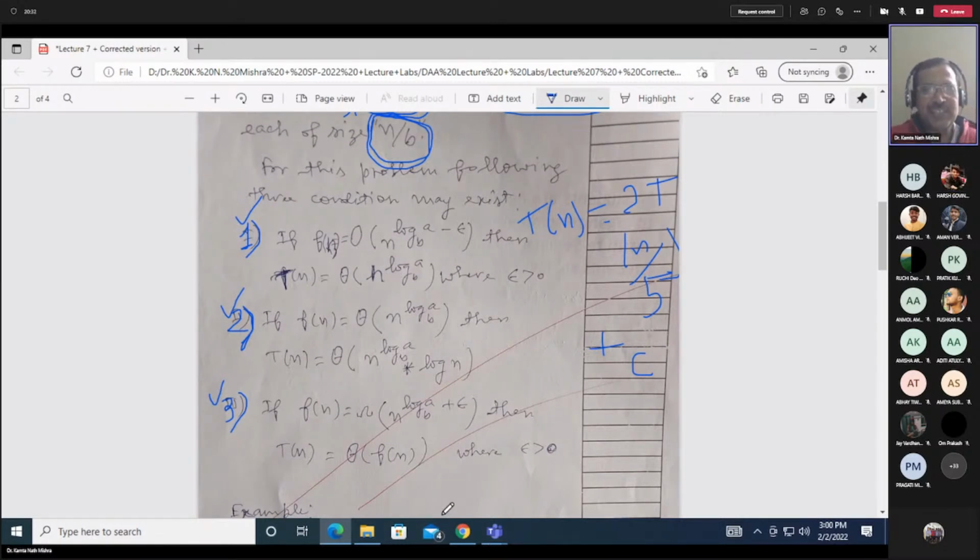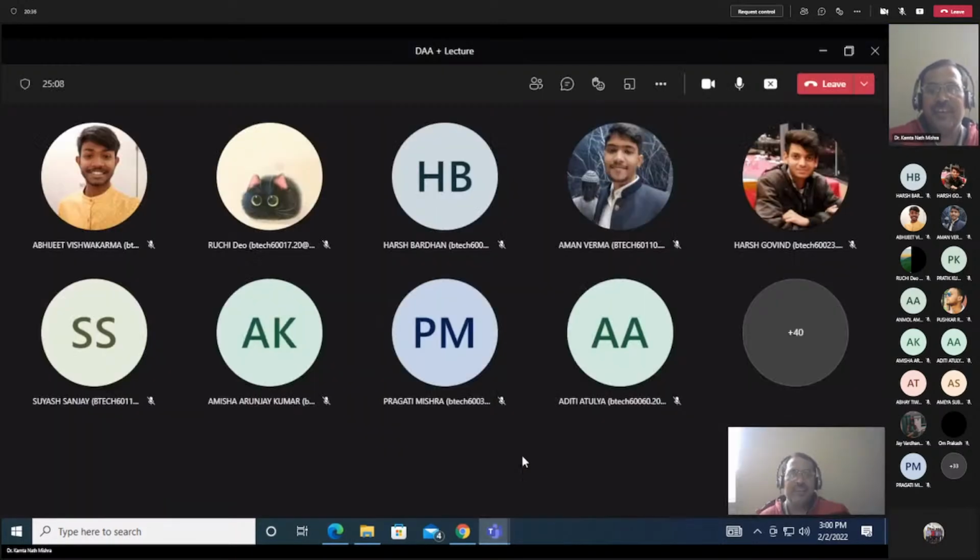So just these three things you are doing, three conditions. First condition, minus of epsilon. In second condition, epsilon is 0. And in third condition, you are adding epsilon.